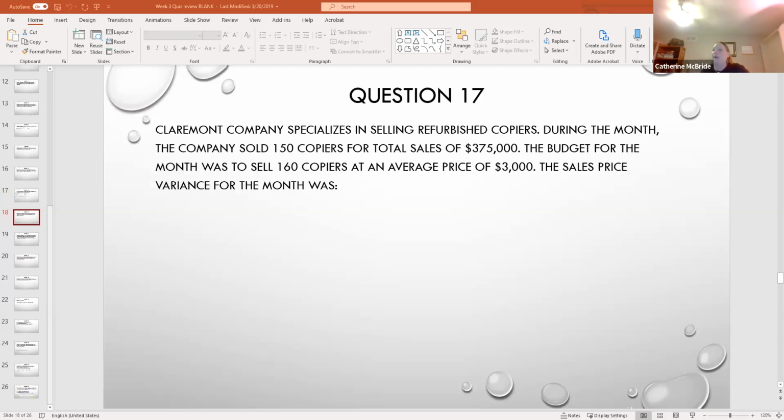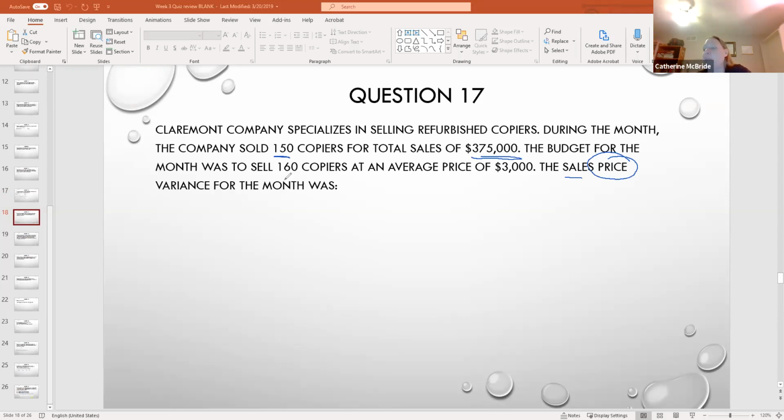All right, we're going to figure out here the price variance. So we want to know now the price variance. So Claremont Company specializes in selling refurbished copiers. During the month, the company sold 150 copiers for total sales of 375,000. That's actual.